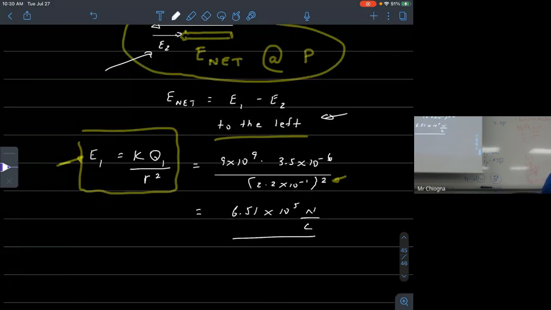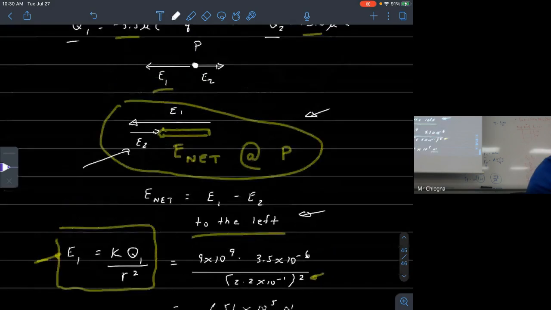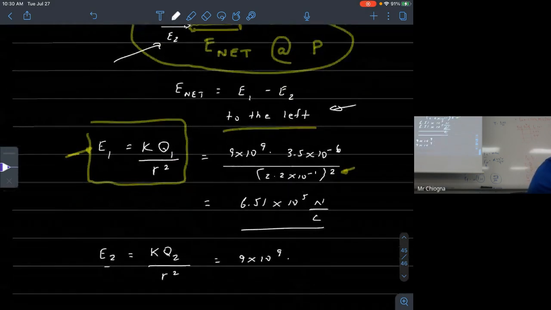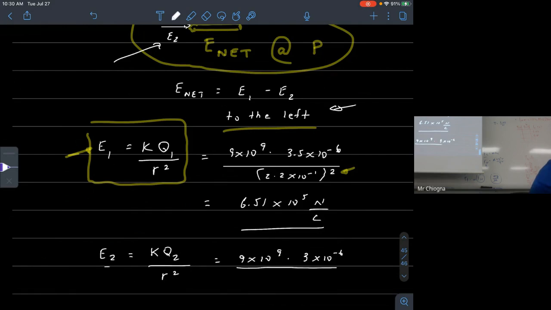Okay, E2. Same subscript, 2 here, 2 here. R squared. Yes, it's R2, but it's the same distance for both, so I don't have to distinguish it. Q2 is 3 micro, that little u means 10 to the minus 6, one millionth.